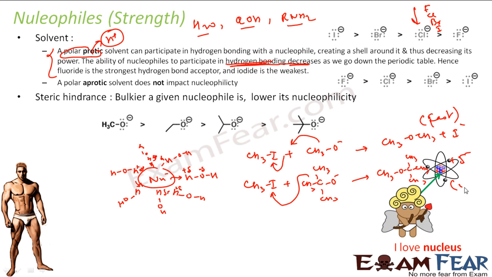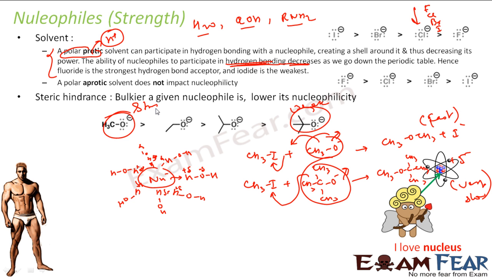But this reaction will be very slow. Why? Because this particular nucleophile is a very weak nucleophile, and this is a strong nucleophile. Correct. So steric hindrance also plays a critical role in determining the strength of a nucleophile.